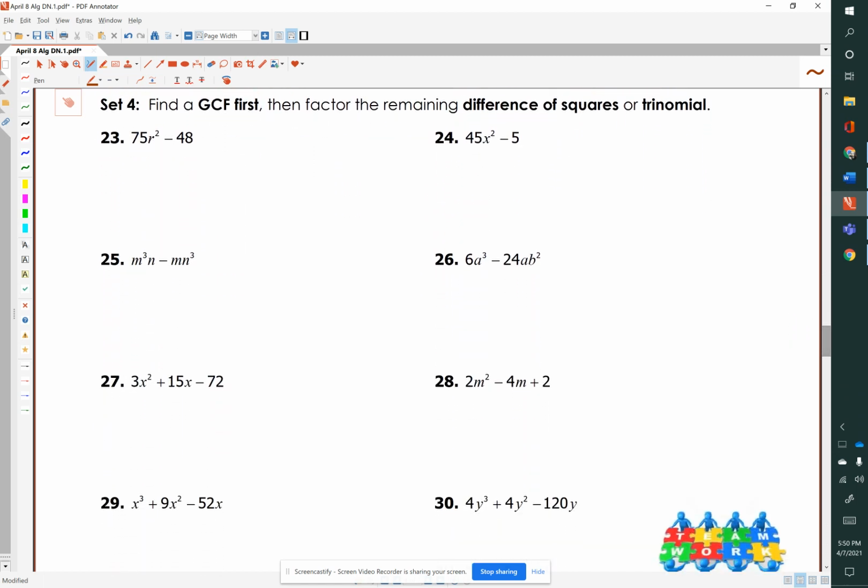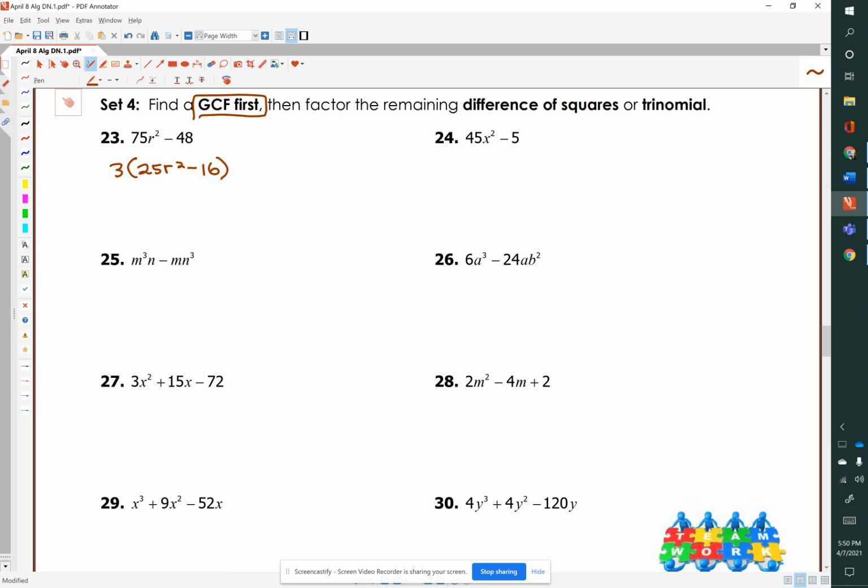We're going to factor a greatest common factor first, then we're going to factor the remaining either difference of squares or trinomial. So number 23, 75r squared minus 48, we can factor out a 3 for 25r squared minus 16.